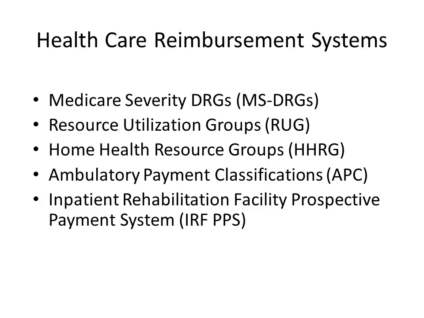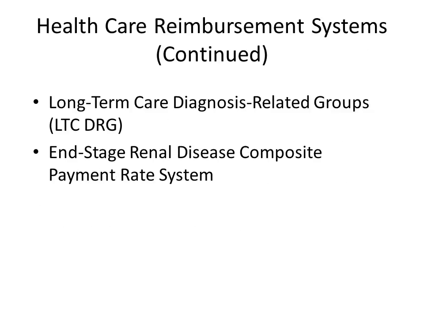Again, I have a list up here, but there are full details in your book in Table 10-4. Be sure that you go through there and read about each one so that you can get a general background on each one. It also includes the long-term care diagnosis related groups, or DRGs, and then you also have one for end-stage renal disease, a payment system associated with that as well.